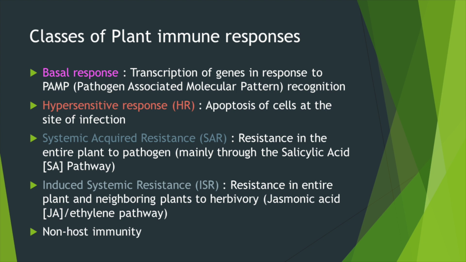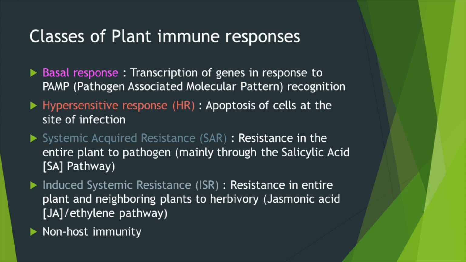Third one is systemic acquired resistance. Here the entire plant becomes resistant to the pathogen attack, and this is mainly through a pathway called the salicylic acid pathway or the SA pathway. The main molecule responsible for systemic acquired resistance is salicylic acid.